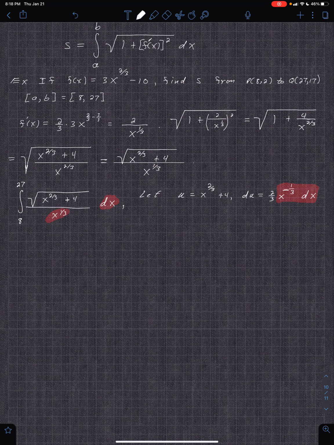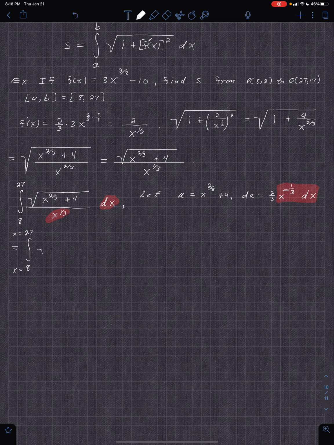So what you get then is that this is equal to the integral from 8 to 27, and that's still x, since we're not at u equals yet, so we'll keep it as x for now.